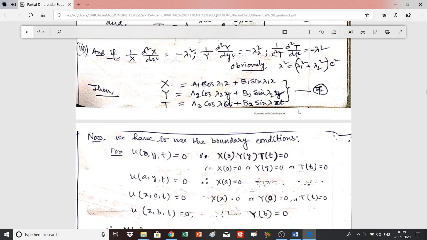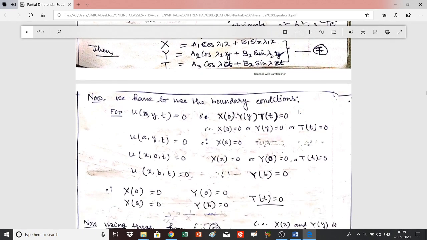Now we are here to employ the boundary conditions. For u, the first condition, that is u at x equal to 0, y, t is equal to 0. Just use the value X(0)Y(t), that is equal to 0, and from this you can write that either X is equal to 0 or Y is equal to 0 or T is equal to 0. The second boundary condition is u(a, y, t) equal to 0, or from here X(a)Y(t) is equal to 0, and since Y(t) is not zero, X(a) is equal to 0.